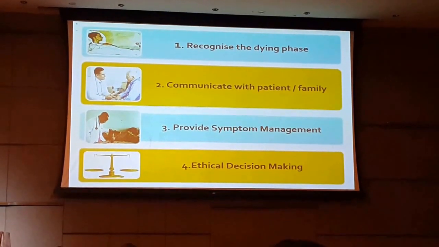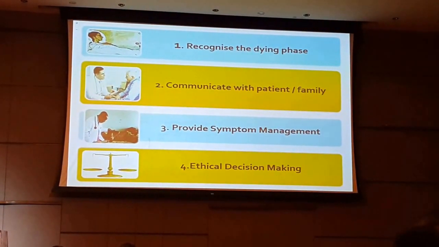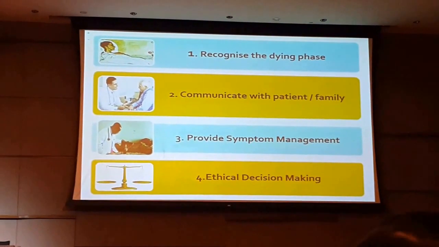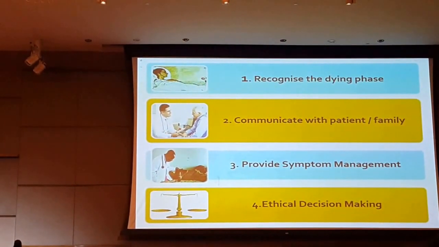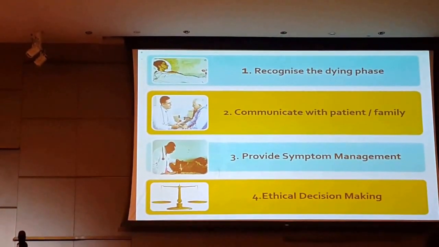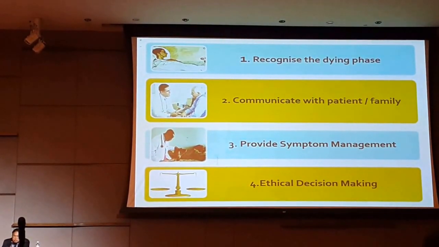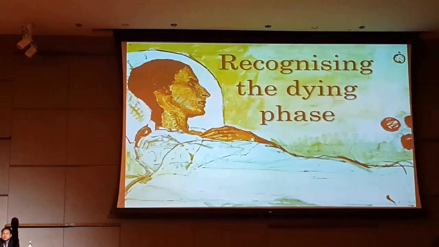And then thirdly is to provide good symptom management, especially in that last period. And finally, ethical decision making, because as clinicians, we need to be comfortable with the things that we do to a patient. We need to know the ethical principles that actually support and are the foundation as to why these things that we do for patients at the end of life are acceptable and appropriate.